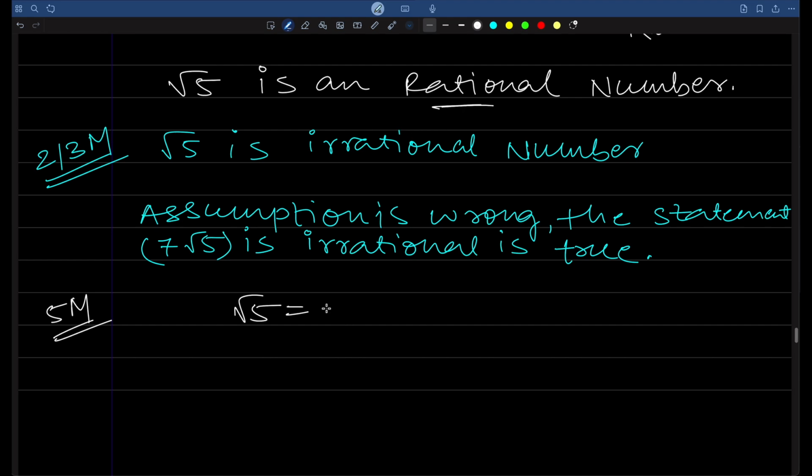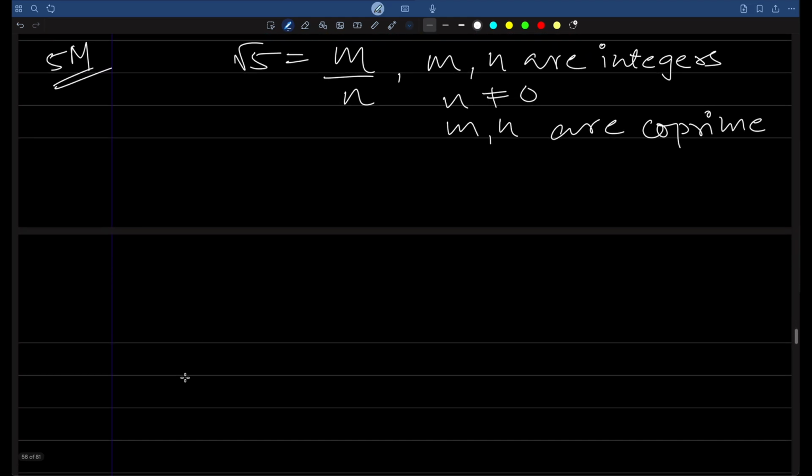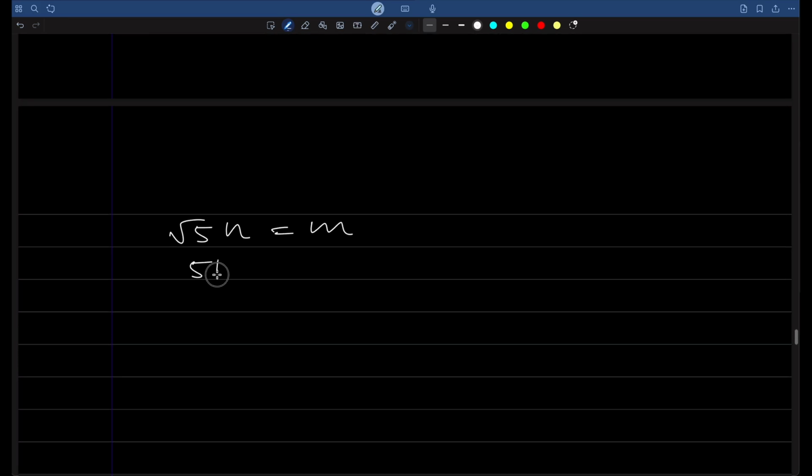So we can represent under root 5 equals m upon n, where m and n are integers, n is not equal to 0, and we assume that m and n are co-prime numbers. So under root 5 n equals m. Squaring both the sides, we get 5n square equals m square.